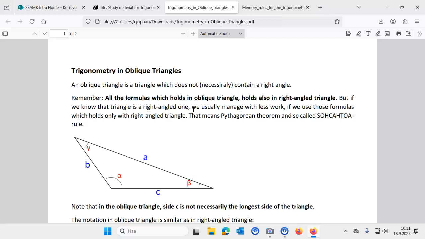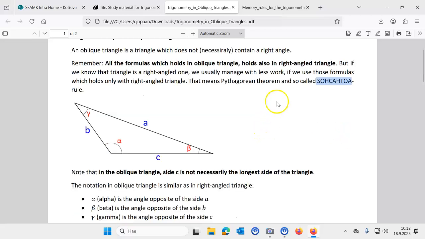But of course, if the triangle is right angled, it is easier to use the Pythagorean theorem or this rule as was told, so kahtoa, as in Finnish we would say.